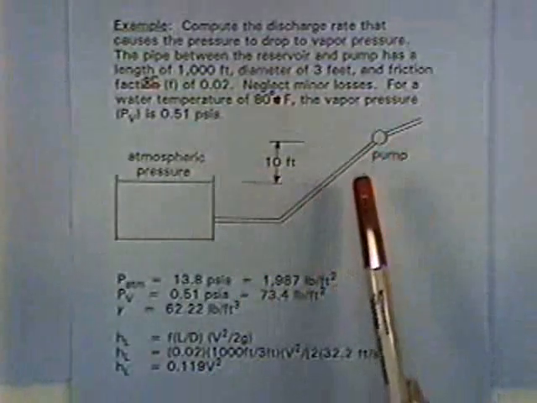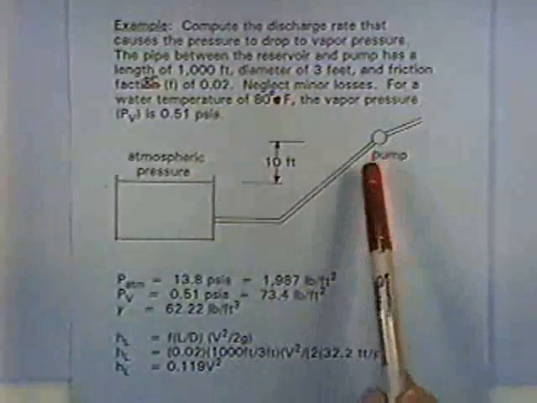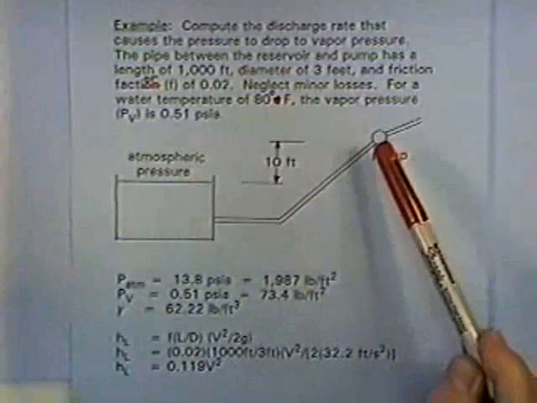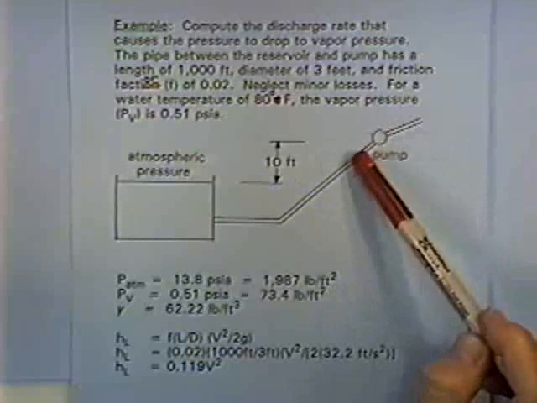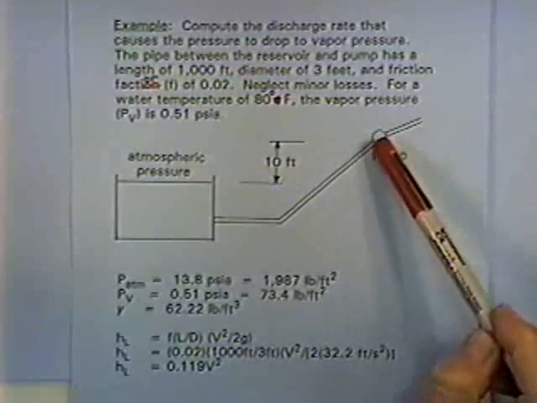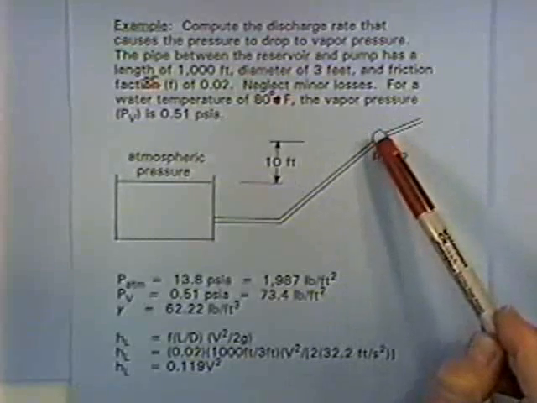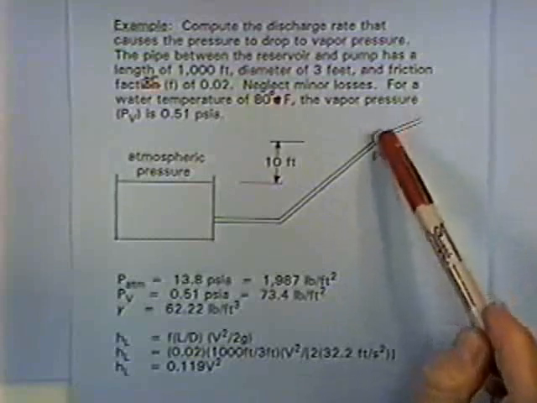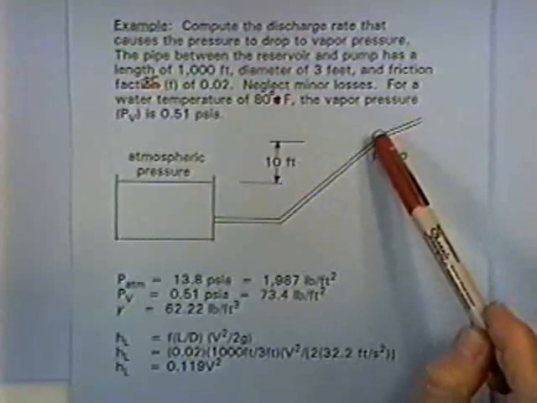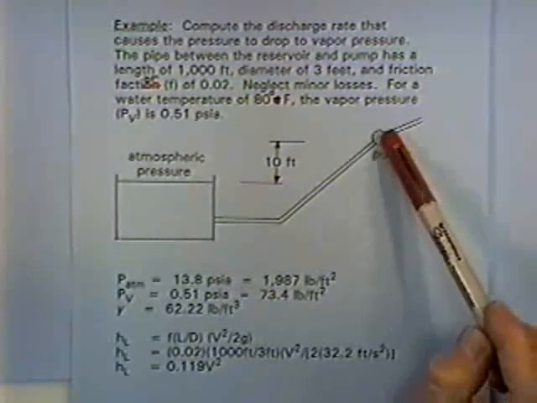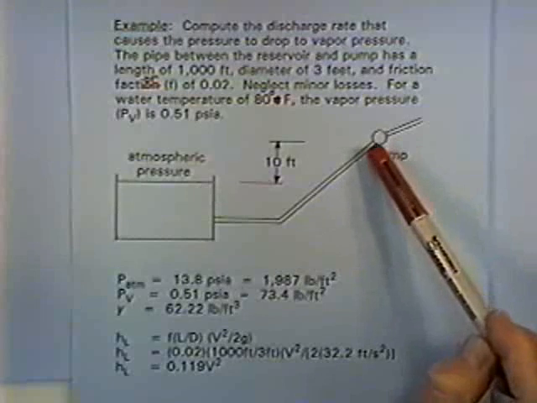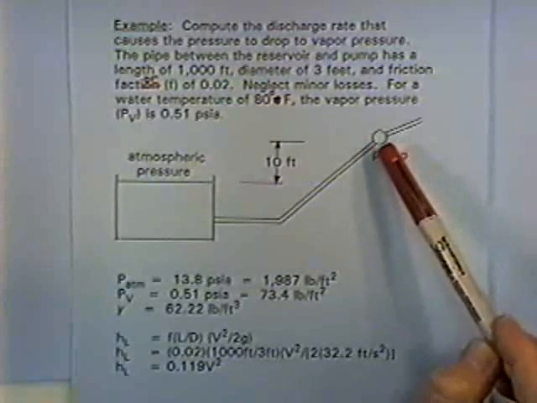And you also have velocity head, so the trade-off is velocity head, pressure head, and elevation head. So if you have a large discharge rate, you got a lot of velocity head, and that's coming out of the pressure head. If you raise the pump higher, you've got a lot of elevation head, so that's coming out of pressure head. So what I'm attempting to say is, for a given elevation, there's only a certain discharge you can get through the pump.